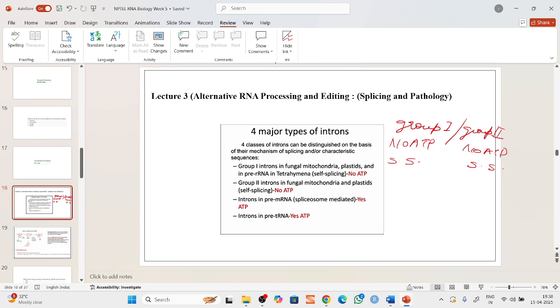Then some introns which are present in pre-mRNA, are they self-splicing? No. Why are they not self-splicing? Because they require some kind of assistance from some other external enzymatic factor. And what is that enzymatic factor? That is the spliceosome.